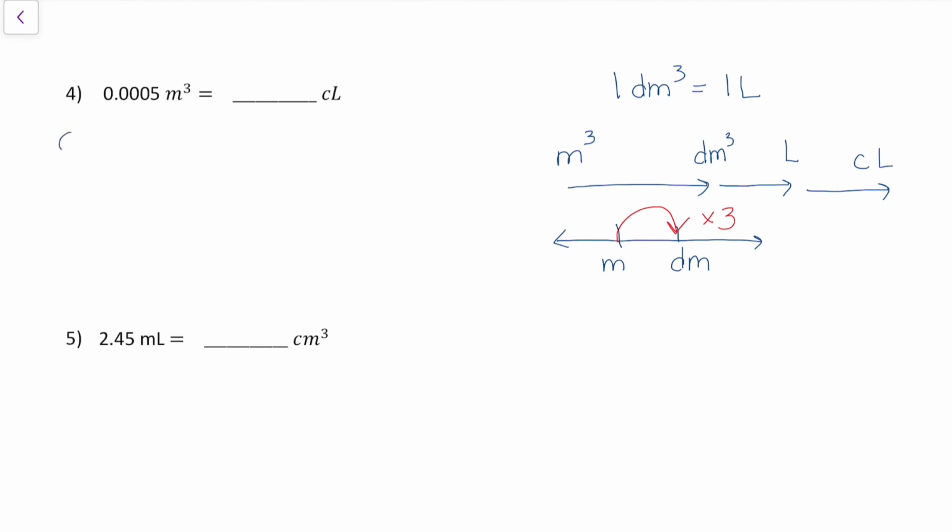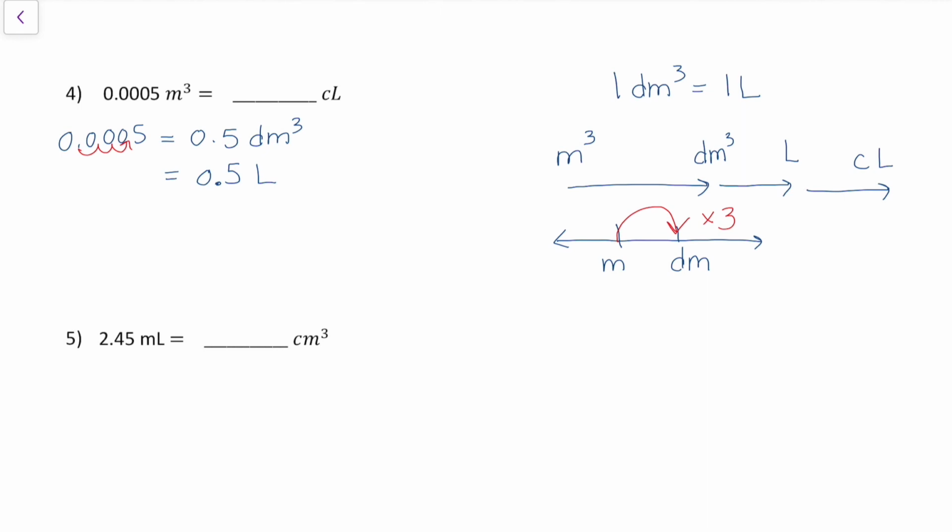And so I'm first going to take my number here, and I'm going to do 3 jumps, 1, 2, 3, to get 0.5 decimeters cubed. And we know that 1 decimeter cubed equals 1 liter. So that means this is also going to be 0.5 liters, right? They're a 1-to-1 ratio, so 0.5 decimeters cubed is 0.5 liters.